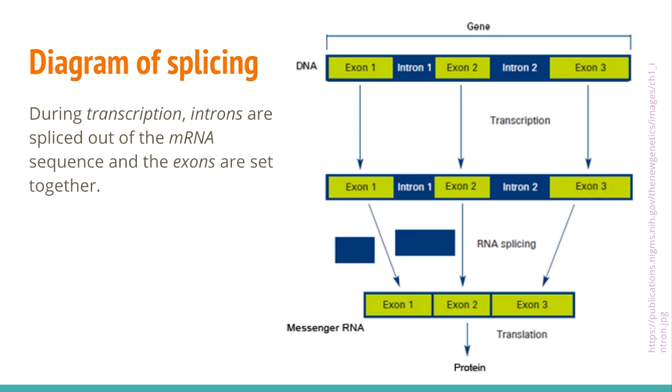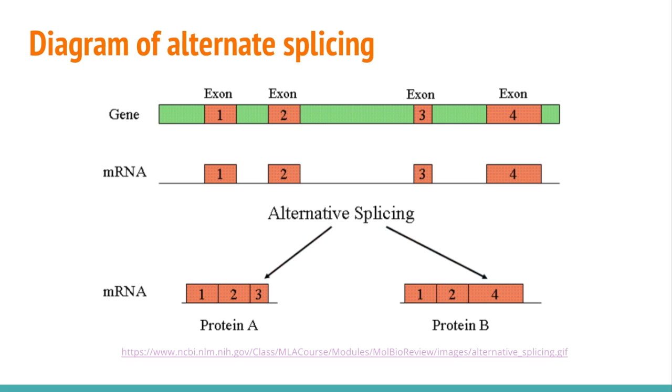So this flow chart shows an example of introns in the blue area being cut out and the exons being spliced together, and shows how the introns have no impact on the resulting mRNA sequence, and it is the exons, the coding sections of the DNA, that make up that mRNA. Alternate splicing takes those exons and combines them in different ways.